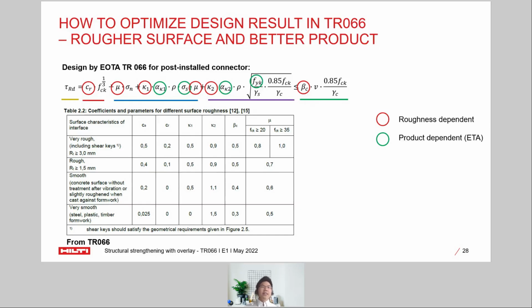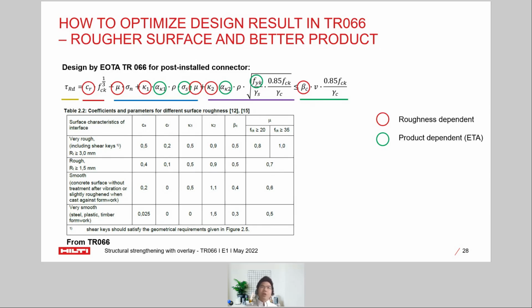So the rougher the surface, the more positive influence it gives to your calculations. While the ones in green color are product dependent, so you can find these factors from the ETA, the European Technical Assessment of that product, according to the specific EAD for this TR66 design method.